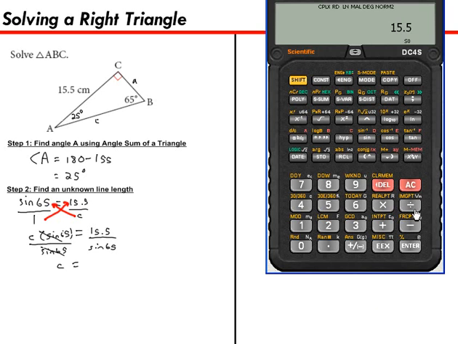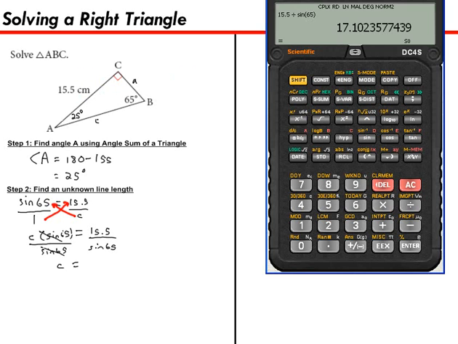15.5 divided by sine, which is this button right here, sine 65. And I get an answer of 17.102. We'll just round that to say 17.1 because one of the given side lengths was rounded to 1 decimal place.